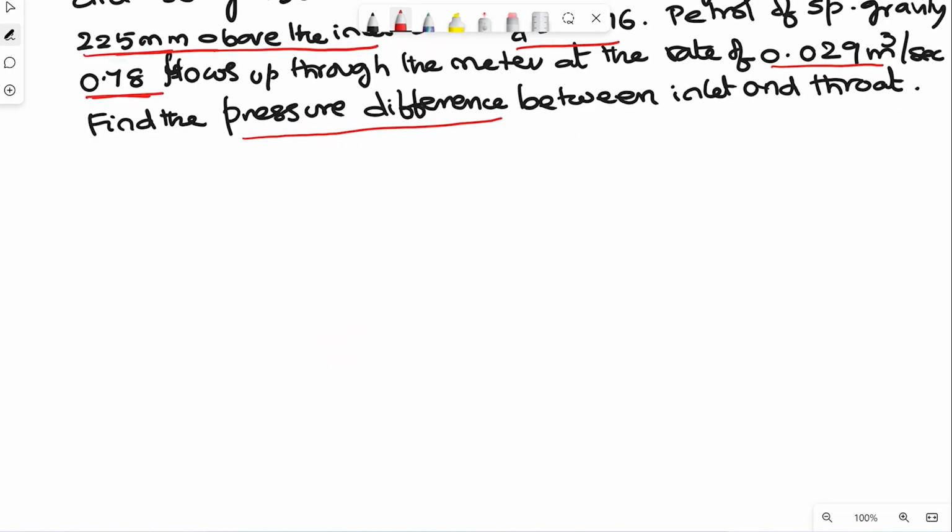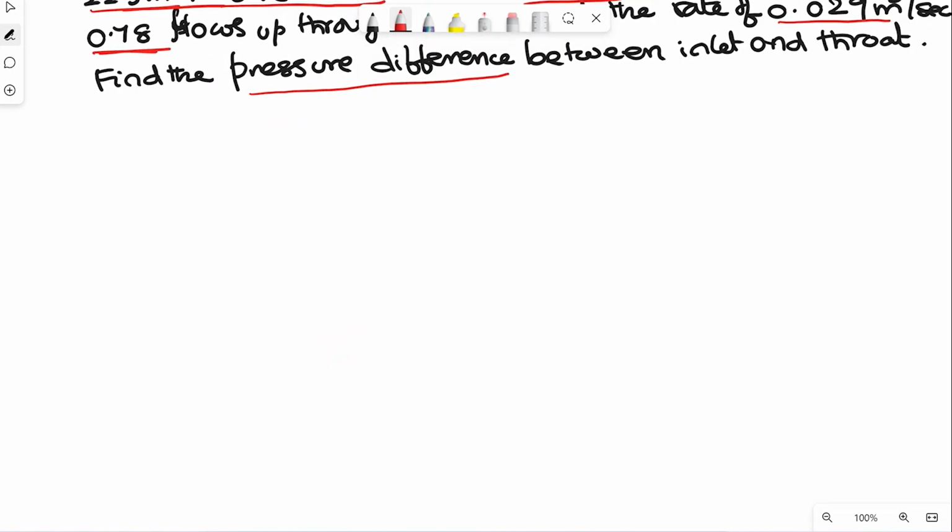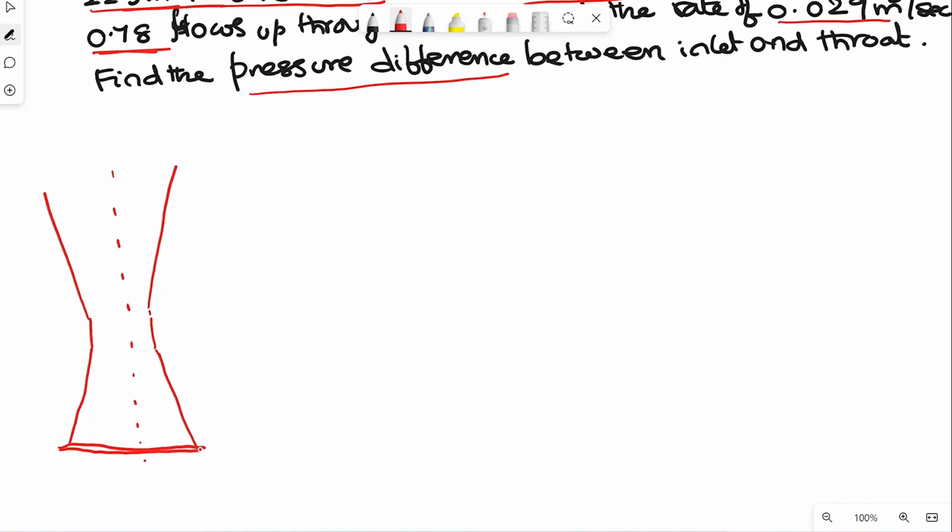Now if you imagine how it is going to look, for example, in a vertical pipeline, suppose this is a vertical thing, right? Now if you take the venturi meter, this is the inlet, this is the pipeline, this is how it flows, and this is the outlet, and again this is the pipeline.